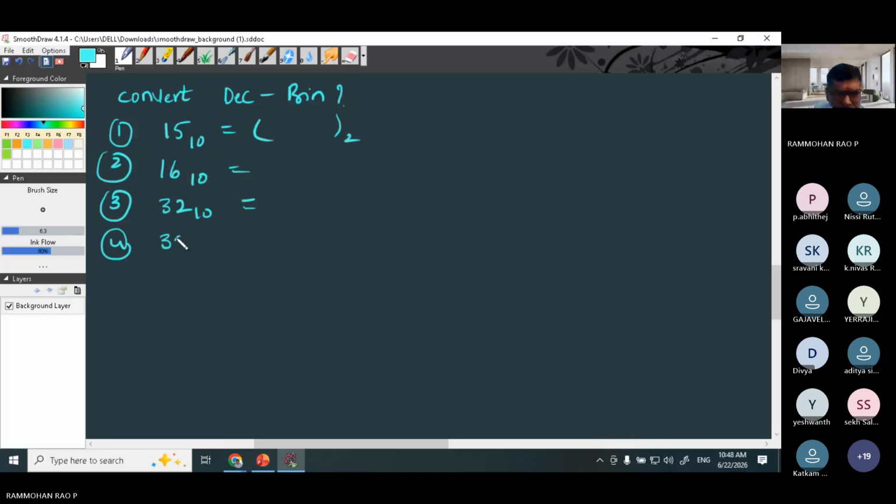Then 100 base 10. What is the answer? That's it. These 4 numbers. So please calculate the binary numbers of the following decimal inputs: 15, 16, 32, 100. I want you to solve this, convert decimal to binary. Give me the answers in the chat box.